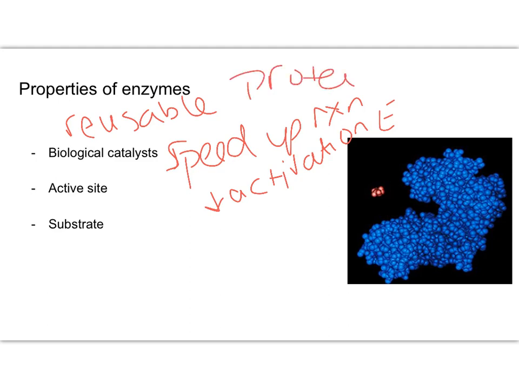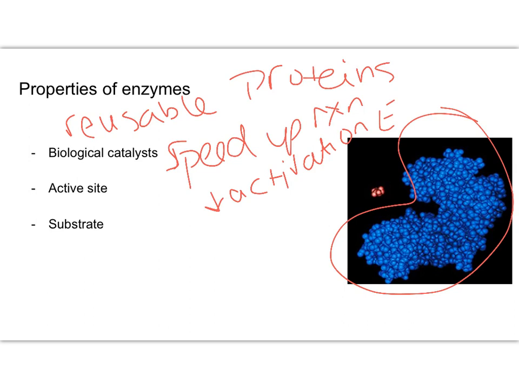And remember some of the components of proteins, right? Proteins are made of amino acids, so they're polymers. They're large molecules. This large blue shape right here, this is our enzyme. So it's a large protein molecule. And remember, its shape is going to be very important. Remember, when we were looking at protein shape, that was an issue.